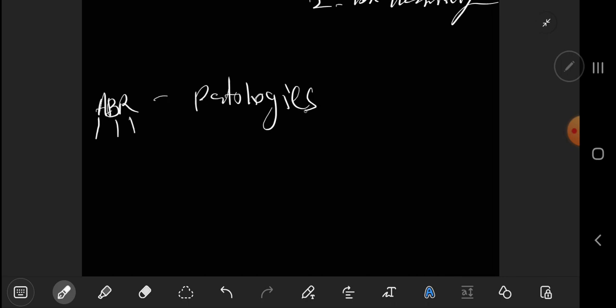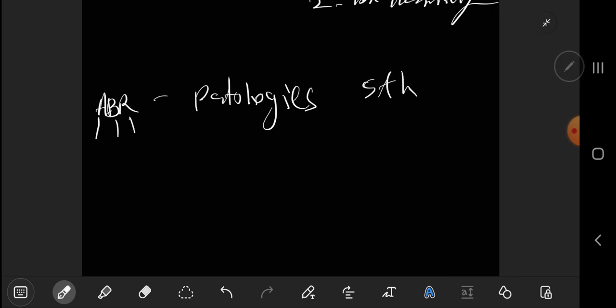Another thing that I should have mentioned is the ABR test, which is the auditory brainstem response testing. Auditory brainstem response shows waves.